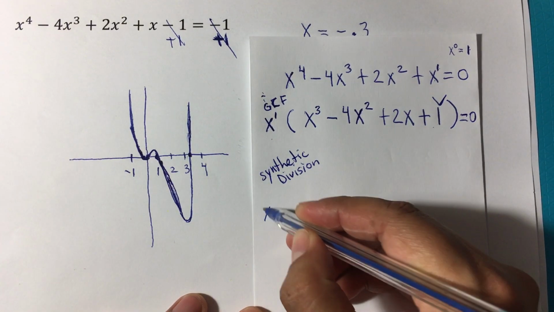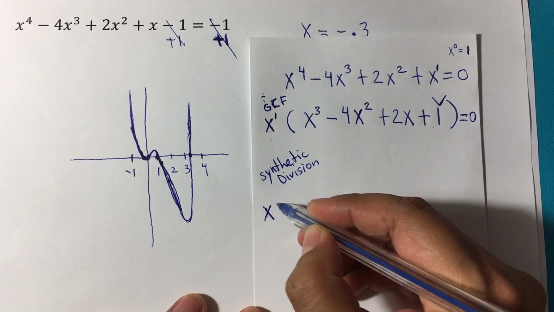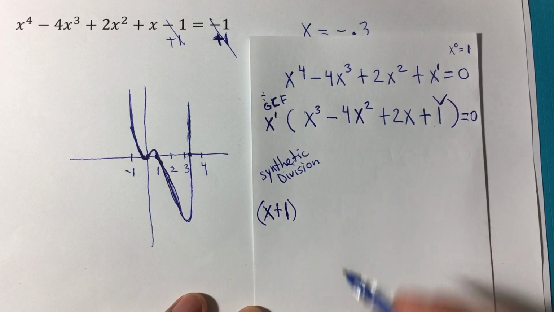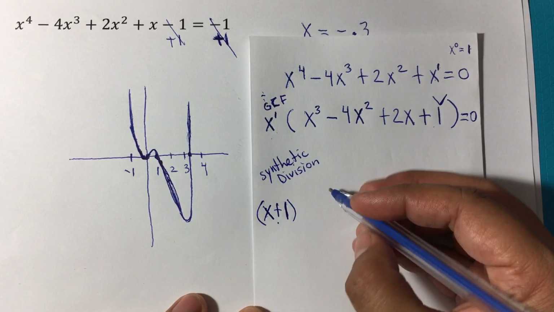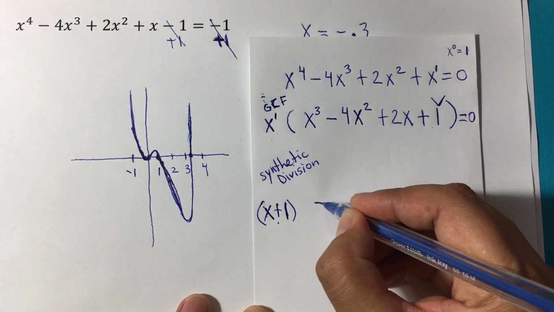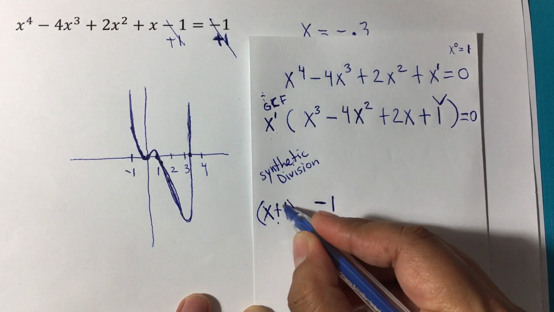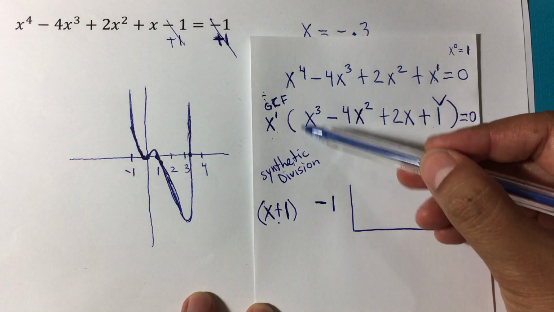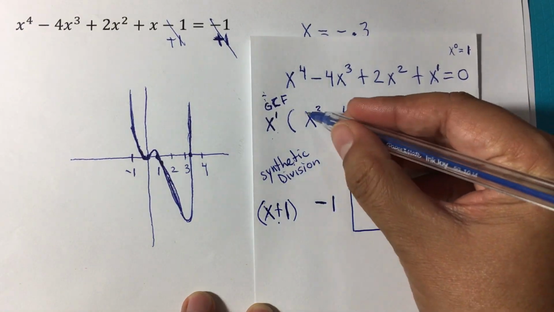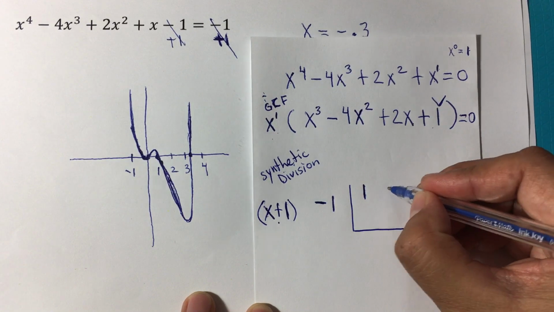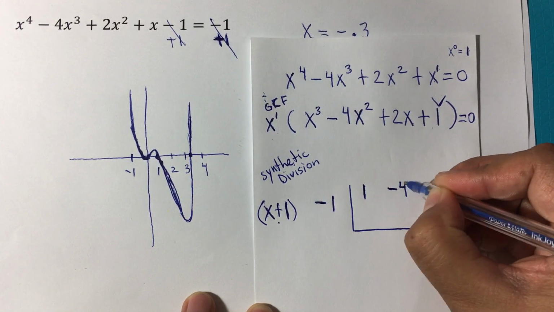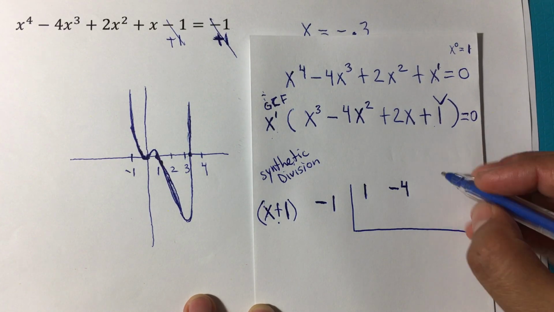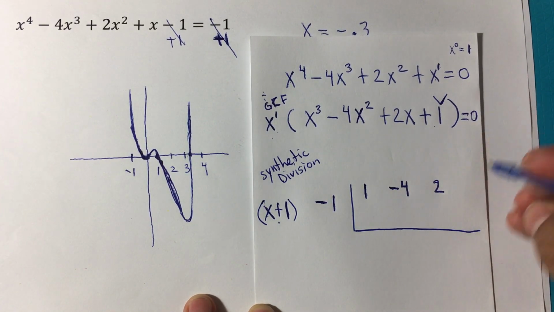So let me start with x plus 1. When I have x plus 1 to see if that's one of my other factors, that means I'm going to be dividing by negative 1. It's the opposite. For synthetic division, you put the coefficients: the 1, the negative 4, the positive 2, and the positive 1.